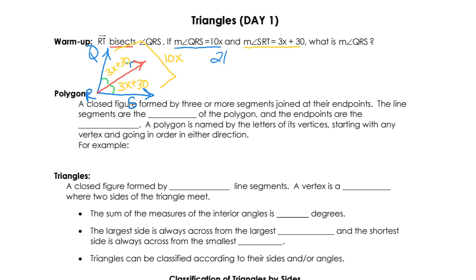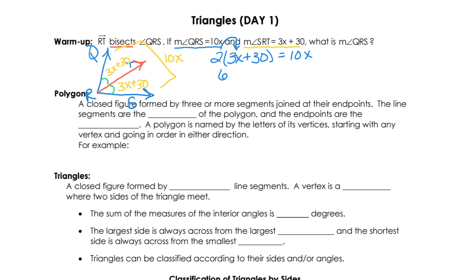I like to put the 2 and then the half and equal it to the whole. But it's also okay if you do 3x plus 30 plus 3x plus 30 equals 10x. You get the same thing. Here you have to distribute, whereas if you did it the other way, you just have to combine your like terms. Okay?